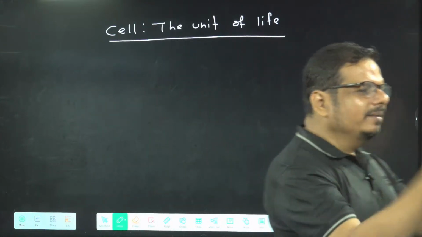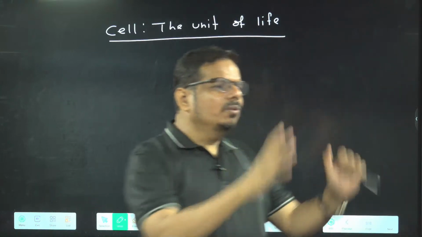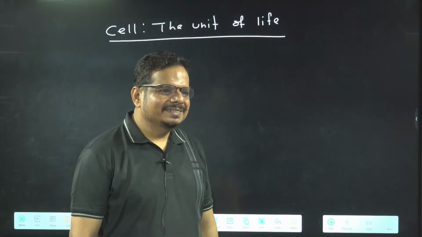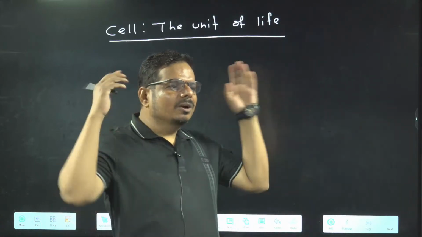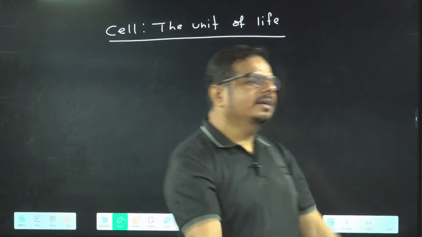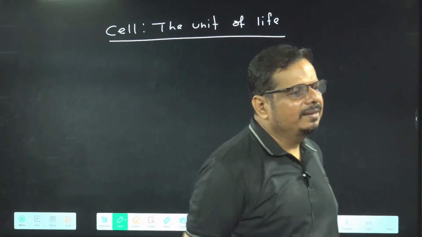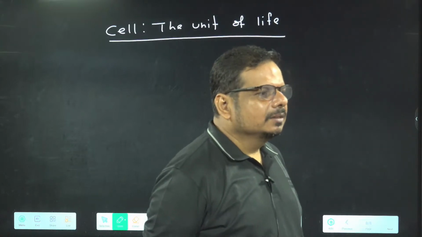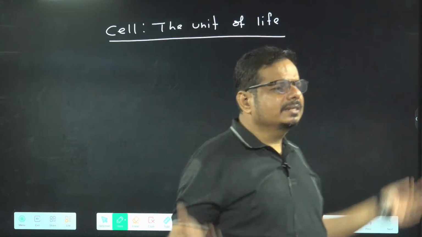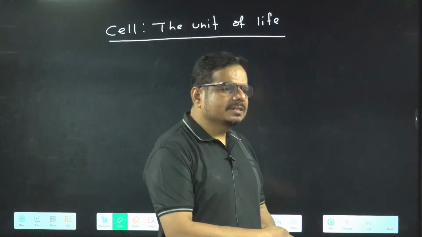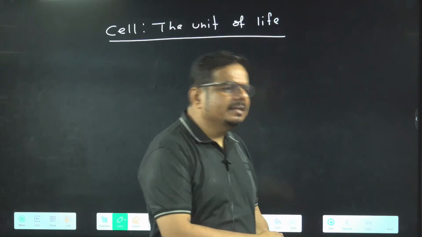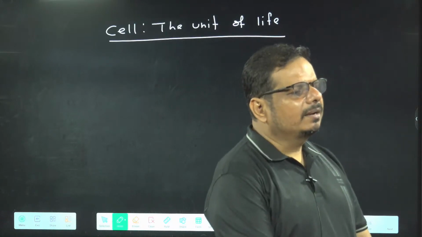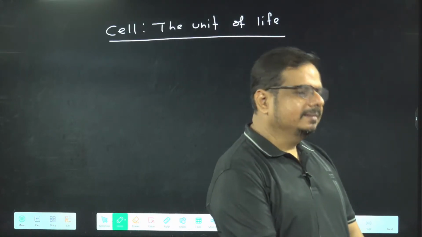Each and every living organism, without exception, is made up of cells. You cannot name any single living organism which is not made up of cells. So besides so much diversity in forms, structure, appearance, size, the one common thing in every living organism is that they are made up of cells.